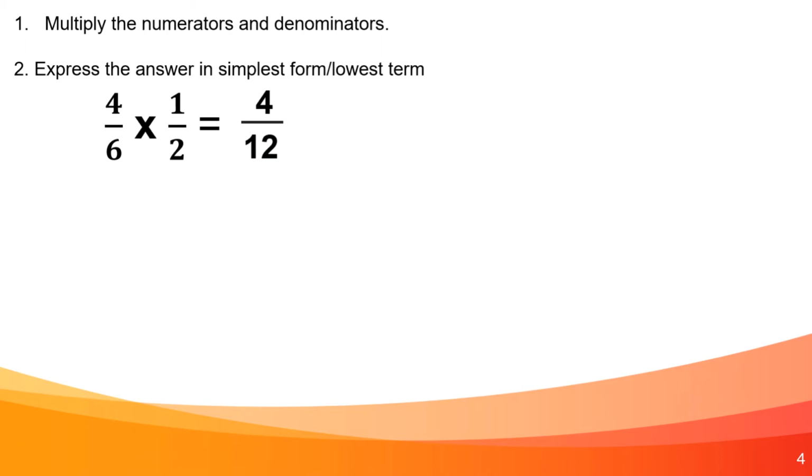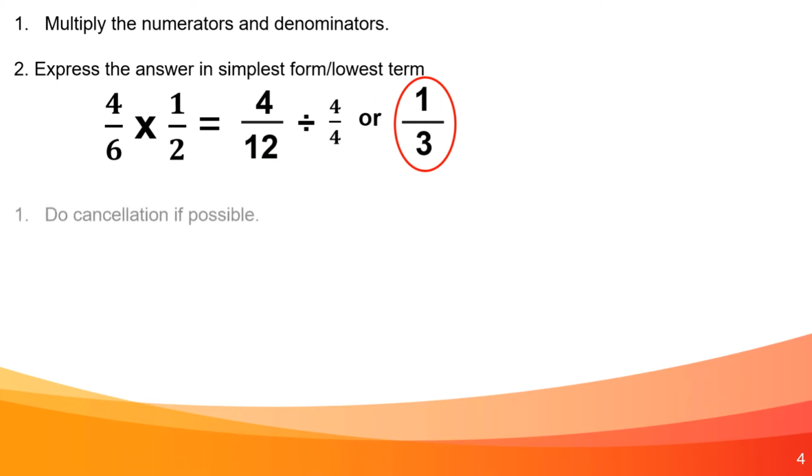So, kailangan natin isipin yung greatest common factor ng 4 at 12. And that is 4. So, 4 divided by 4 is 1. And 12 divided by 4 equals 3. So, that is 1/3.